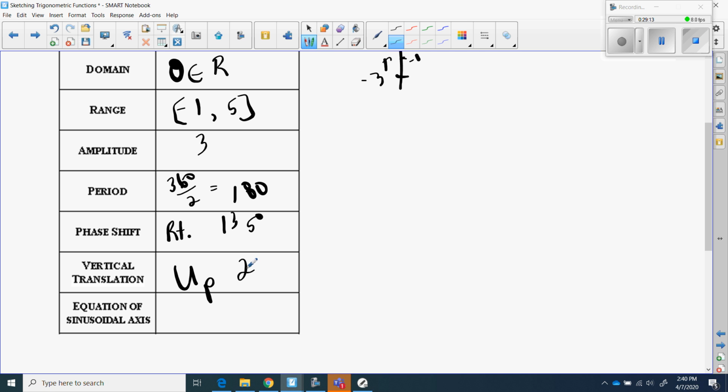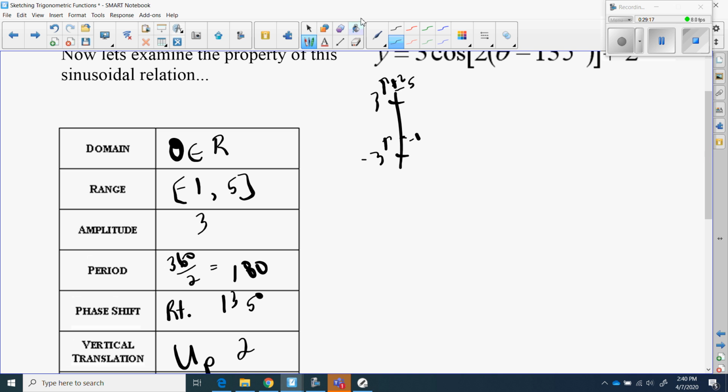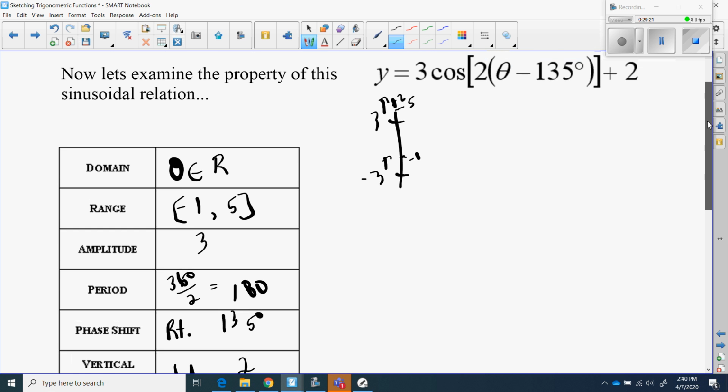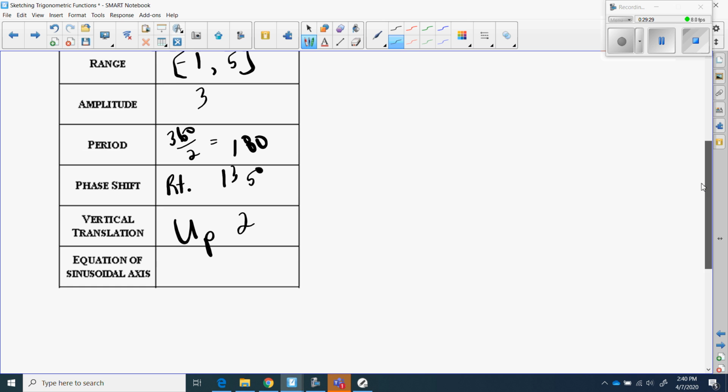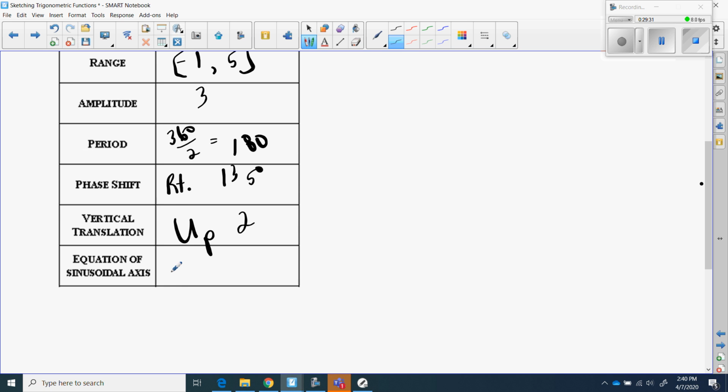And the sinusoidal axis, remember, is the one that's always in the middle of your high and low value. And with a function that's presented like this one was in standard form, it always will match up with your vertical translation. It's always y equals that number. So my sinusoidal axis, the wave or the line that cuts the wave in half, would be passing through y equals +2.